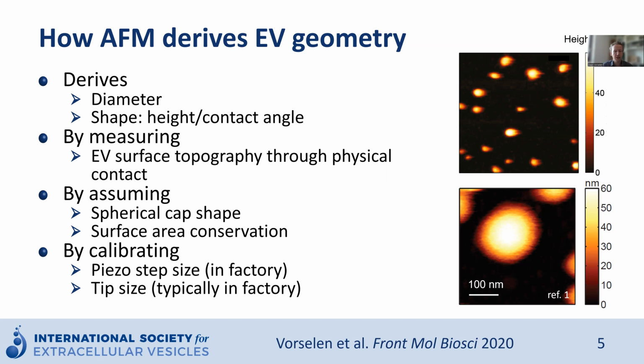So the size measurements depend both on the proper calibration of the step size of the piezo elements that are used in the AFM, as well as the AFM tip size. And both of these are typically provided by the manufacturer of the AFM and the tip.